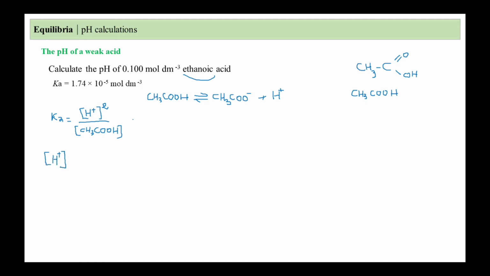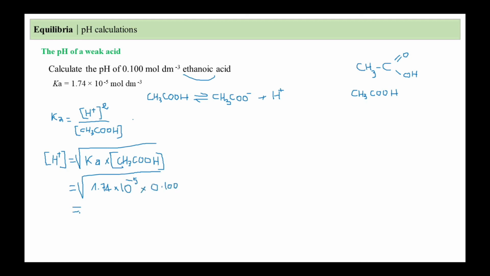So the concentration of the H plus ions will be equal to the square root of Ka times the concentration of the acid, CH3COOH, which will be equal to the square root of 1.74 times 10 to the power negative 5 times 0.12, and this is equal to 1.32 times 10 to the power negative 3 mole per decimeter cube.